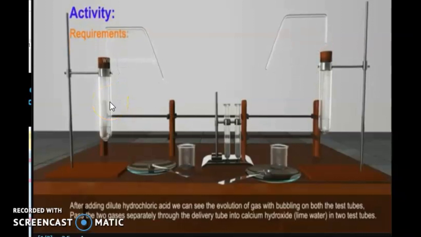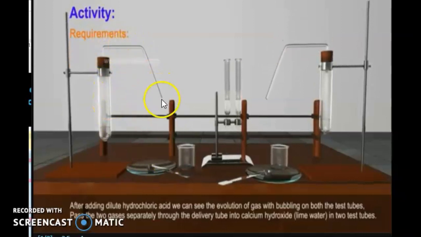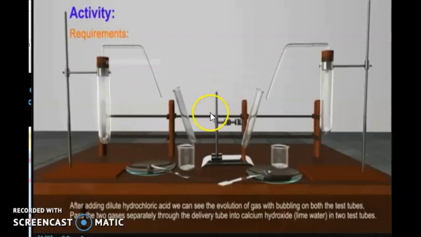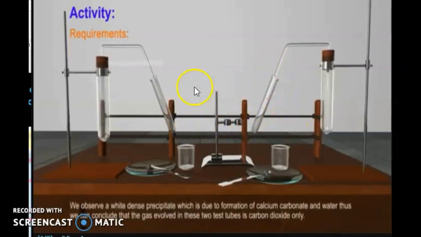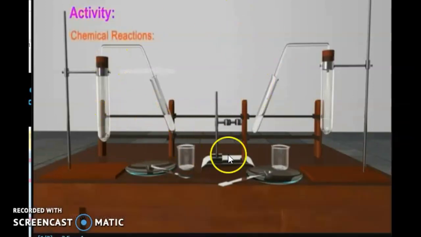Pass these two gases separately through the delivery tube into the test tube containing calcium hydroxide, that is lime water. You can see a white precipitate formed in both test tubes. This white dense precipitate is due to the formation of calcium carbonate and water. Thus we can conclude that the gas evolved in these test tubes is carbon dioxide.